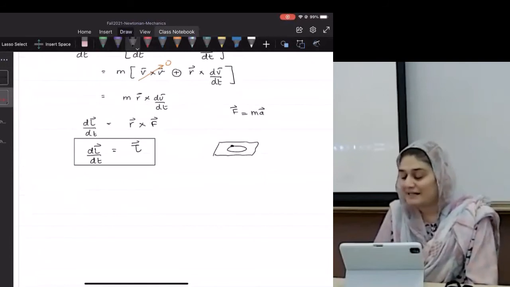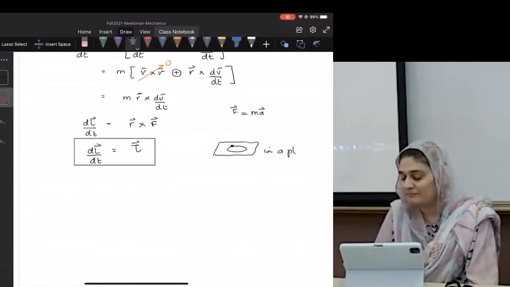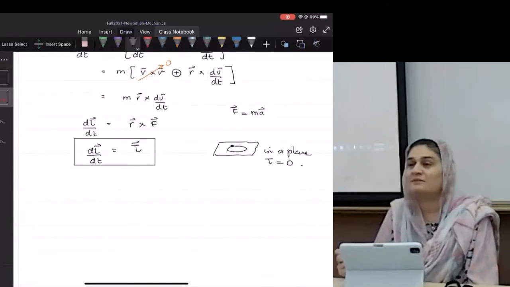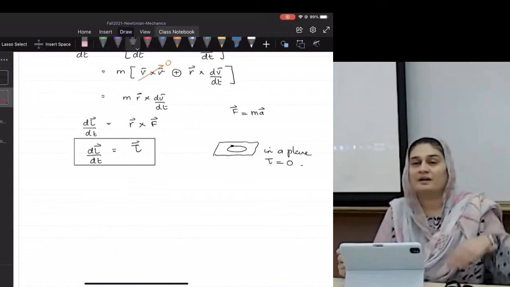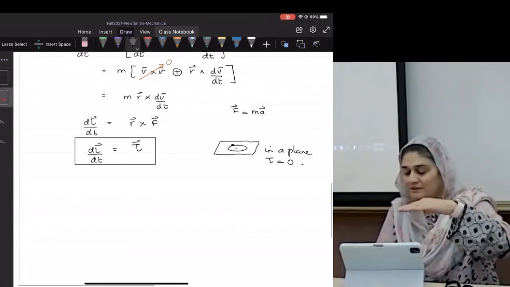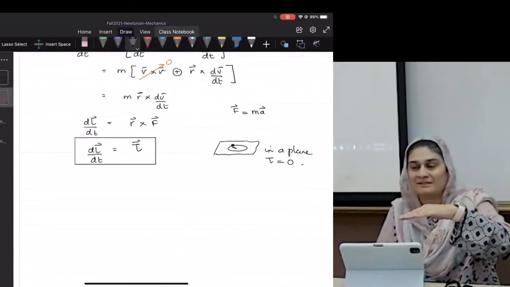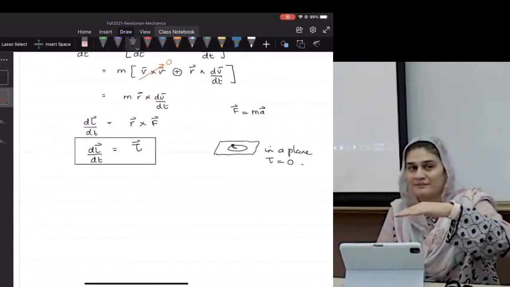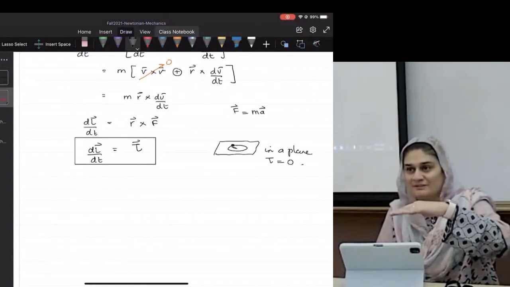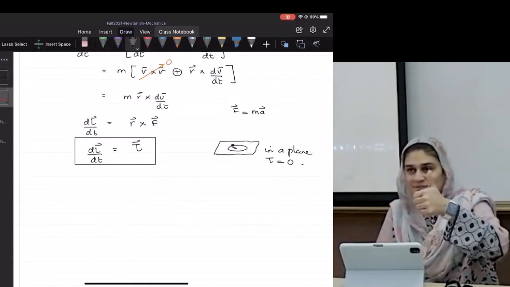This means in a plane, torque has to equal 0. Right? R is in a plane, and the force that's acting on it is in a plane. So what's the angle between R and F? 0. Sine of 0 is 0.